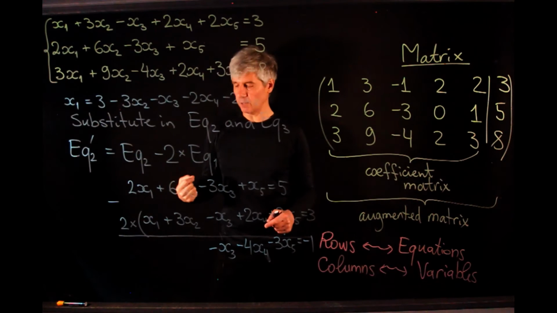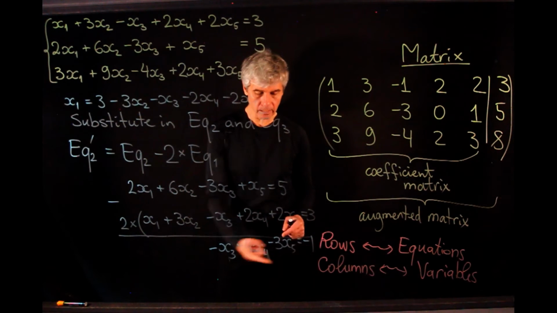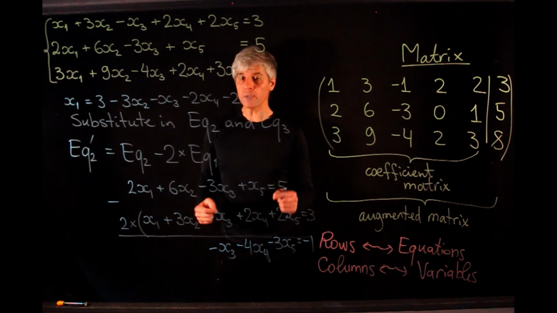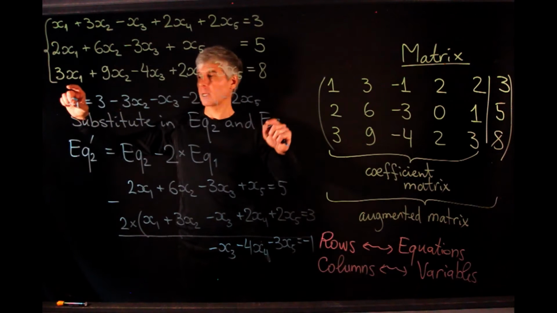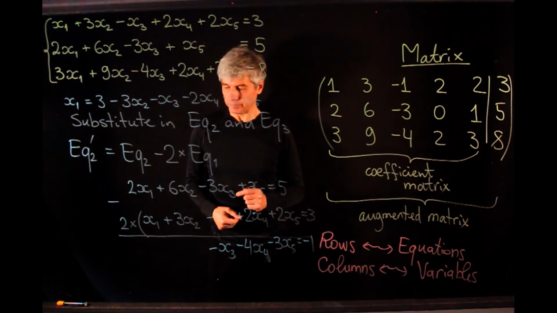And so we're achieving our goal. And we get a new equation that does not involve the variable x1. So this is more effective than expressing x1 and then making a substitution.